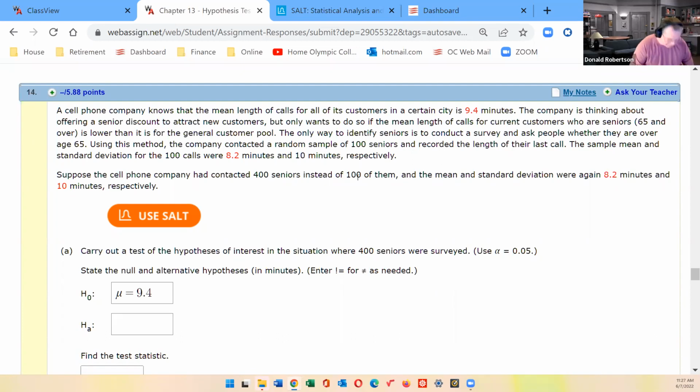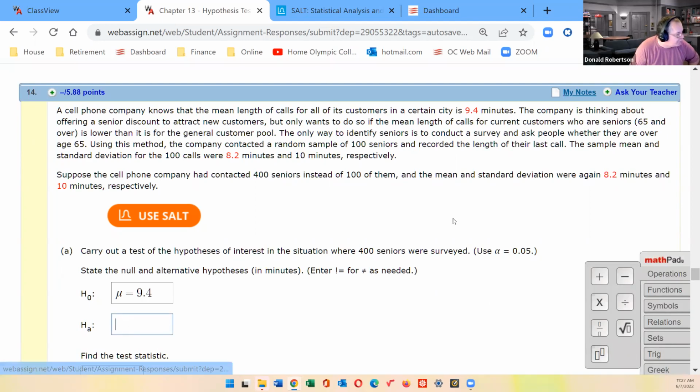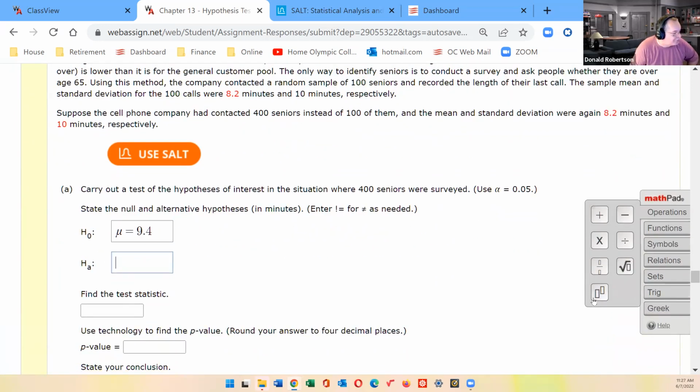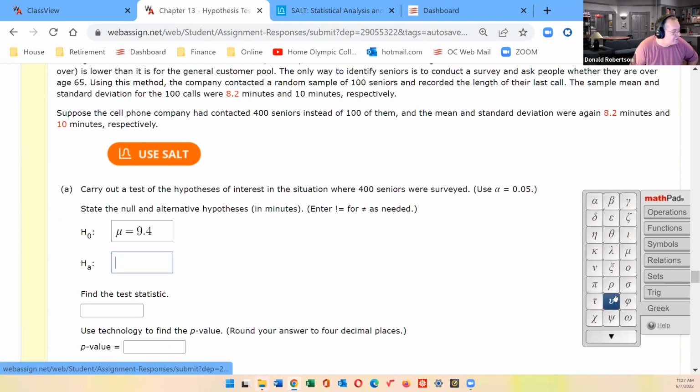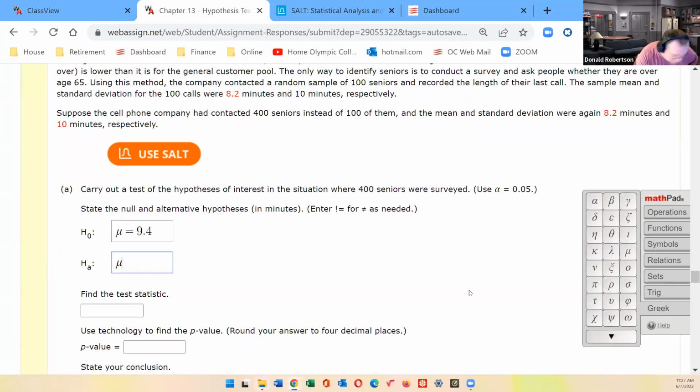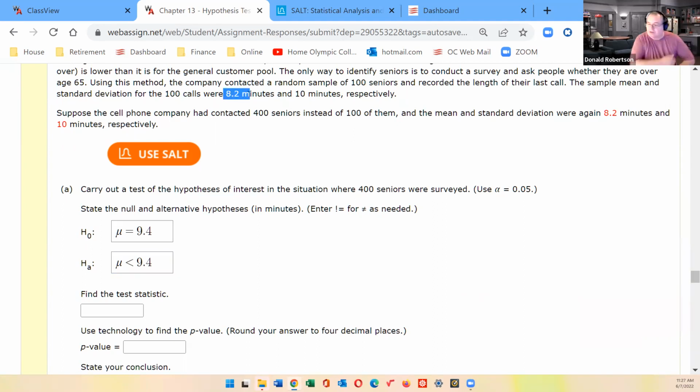So I've got pretty much everything that I want. So our hypothesis is that seniors have a mean length that's less than 9.4 minutes, which seems reasonable. Would you agree? 8.2 minutes, they do tend to be on the phone a shorter time.